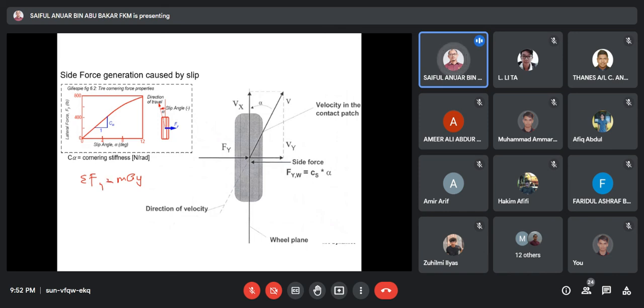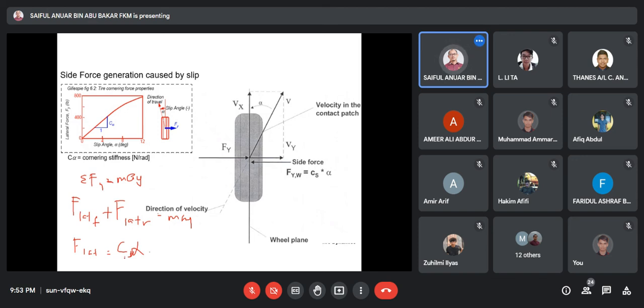And then in this Y direction we have the front lateral force plus the rear axle lateral force equal to may, with F lateral equal to cornering stiffness, multiplied with alpha, the slip angle. I put CF for the front.